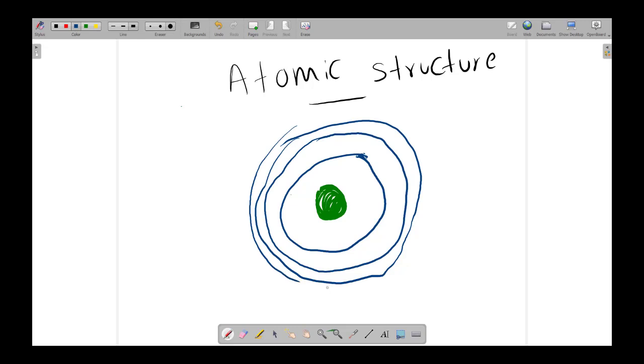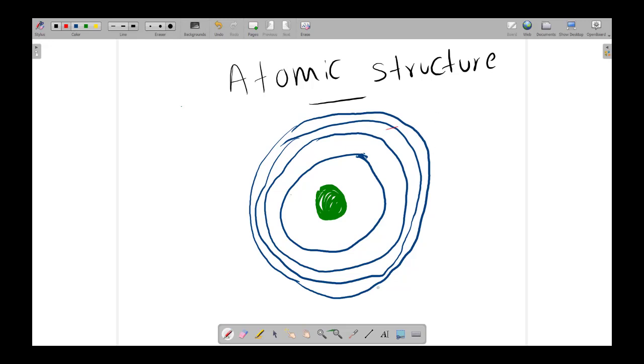These energy levels have a kind of importance here. From the nucleus, the first energy level is closest, then others are getting farther and farther. Going away from the nucleus, the energy increases.